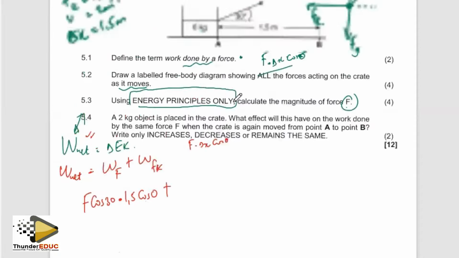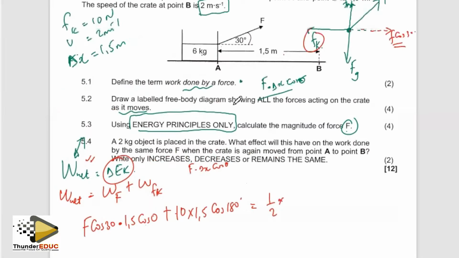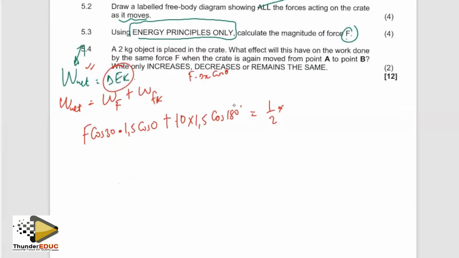Plus, they gave us the frictional force, which was 10, which is to our advantage. So 10 multiplied by 1,5 and then cos 180. Let me just equate it to the change in kinetic energy, which is a half, the mass, the mass is 6, and then the final velocity.